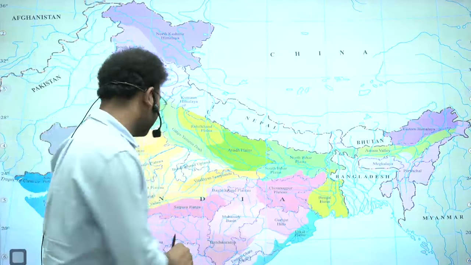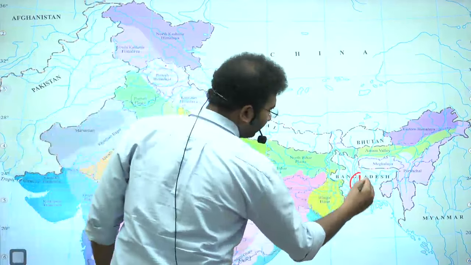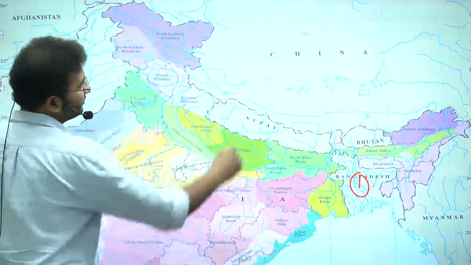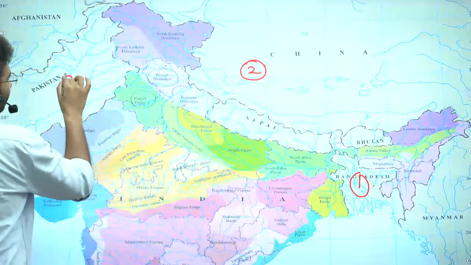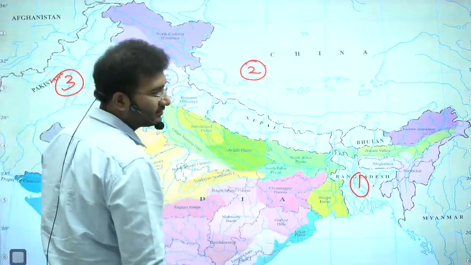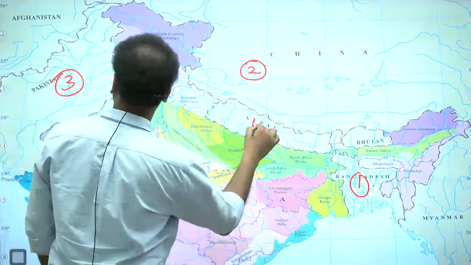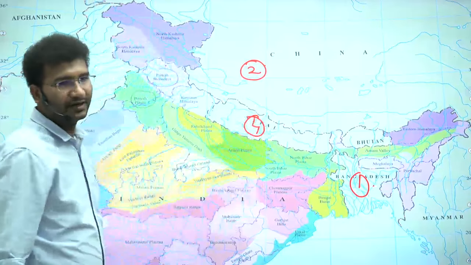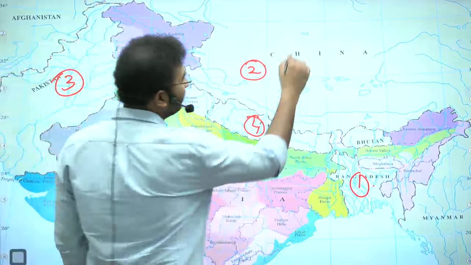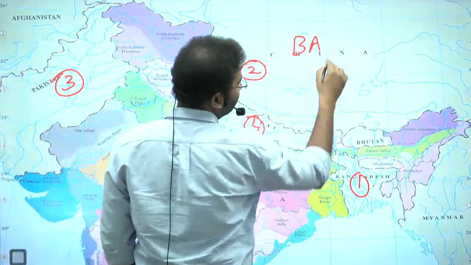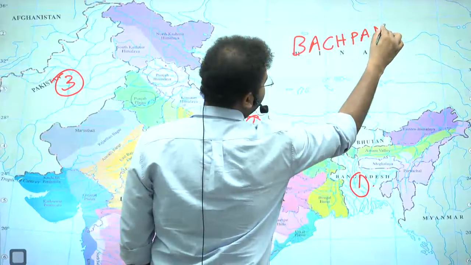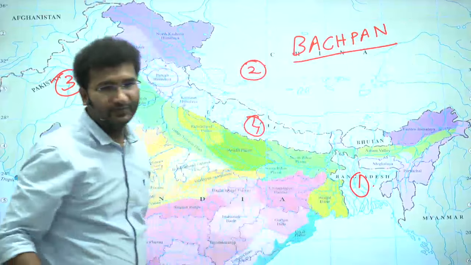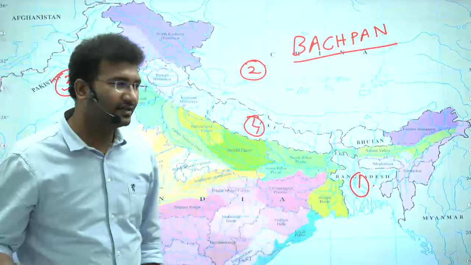Bangladesh is number 1. Next, China number 2. Pakistan number 3. Next, Nepal number 4. Simply: Bangladesh, China, Pakistan, Nepal. This is an easy way to remember.